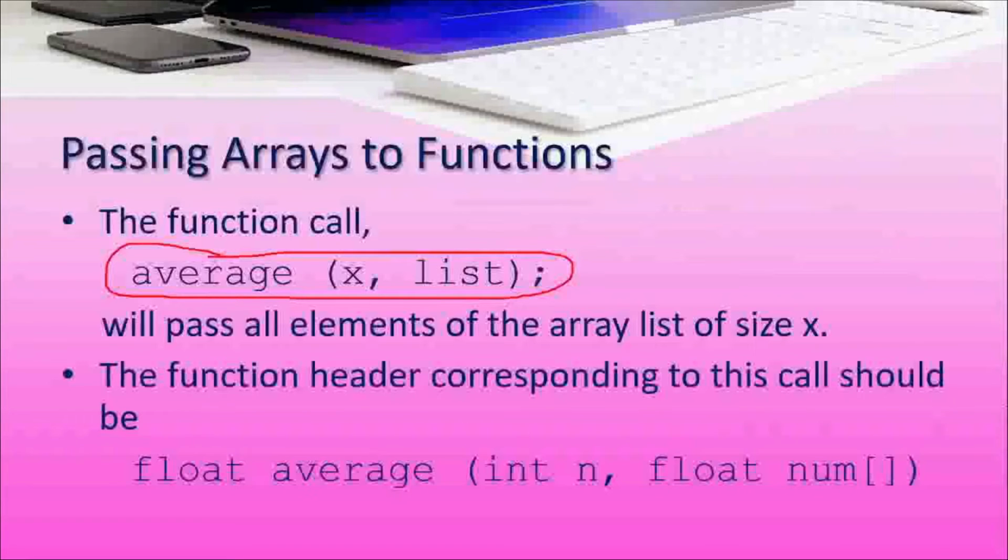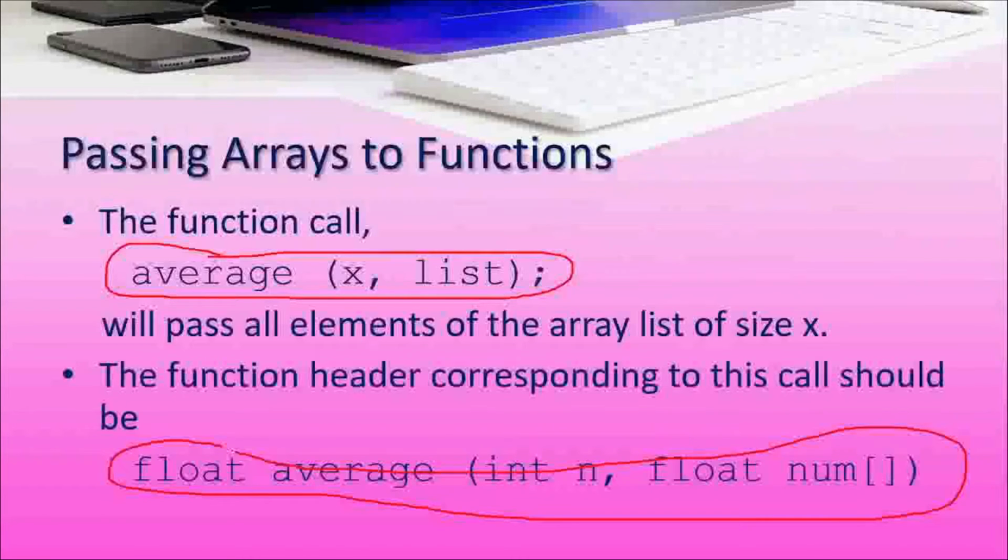The function header corresponding to this call should be something like this: float average(int n, float num[]). Here int n means a variable of type integer is passed as an argument to the function average, and it corresponds to this x.